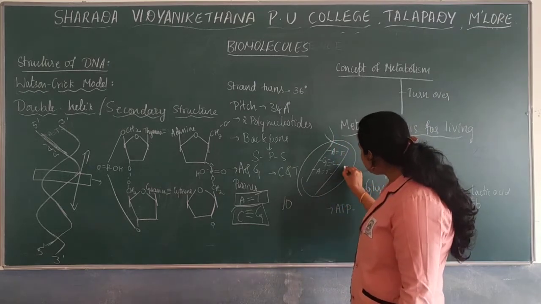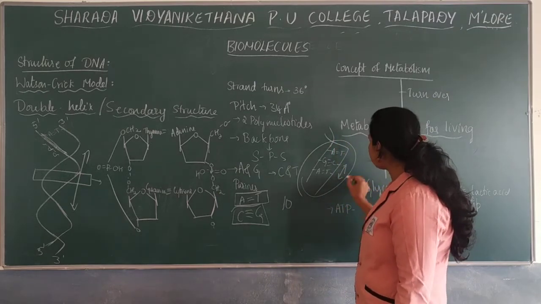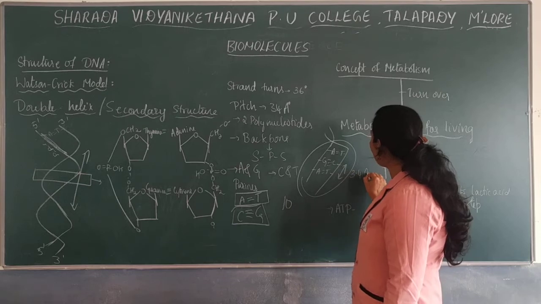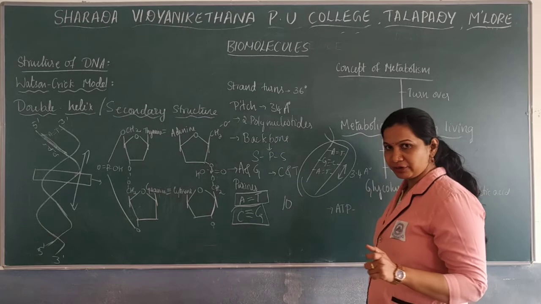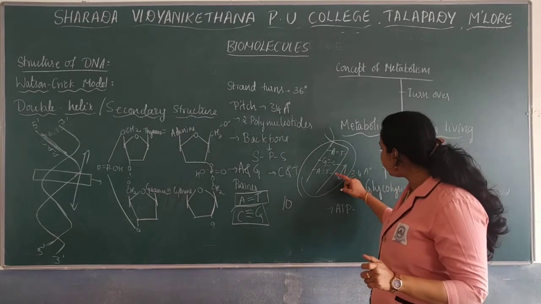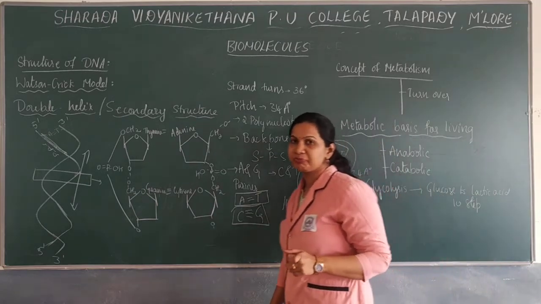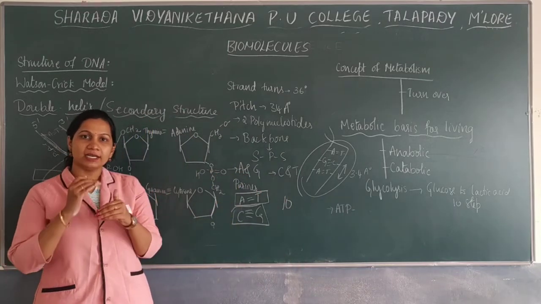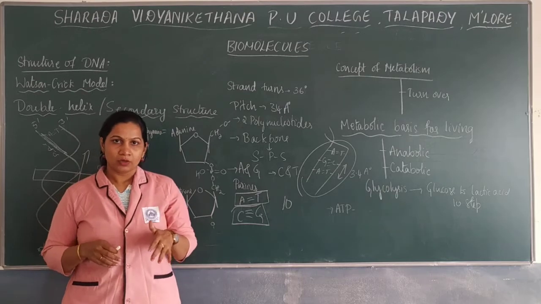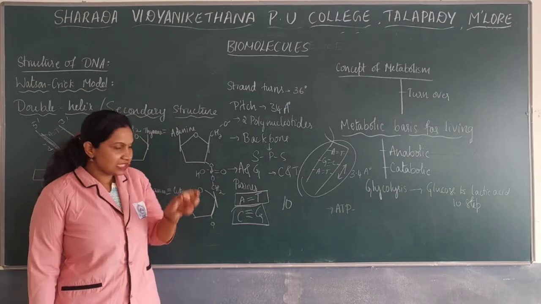So the distance between successive bases is 3.4 angstrom, and the complete pitch is 34 angstrom. The bases are arranged like a ladder, and the entire pitch is like a ladder.